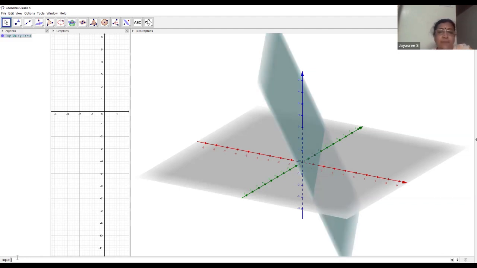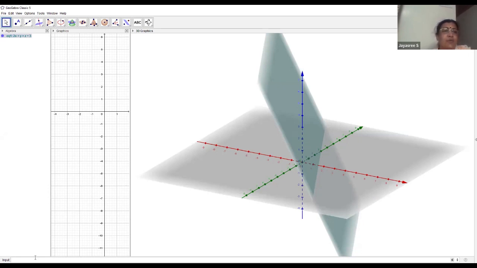Next I am going to type a line whose direction ratio equals the normal of the plane, 2, 1, 1. When the normal of the plane and the direction ratio of the line are equal, the line is perpendicular to the plane, we know it.